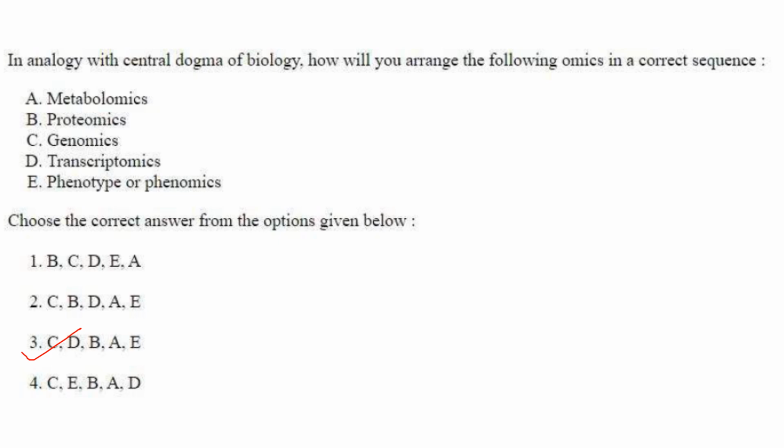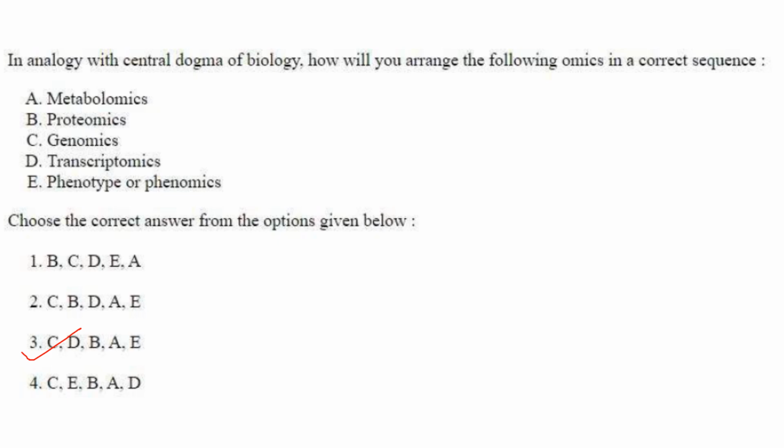Then next one. In analogy with the central dogma of biology, how will you arrange the following omics in a correct sequence? Metabolomics, proteomics, genomics, transcriptomics, phenotype or phenomics. So first it will be genomics. Why? Because DNA is getting replicated to DNA. From DNA you create RNA, that is transcriptomics.